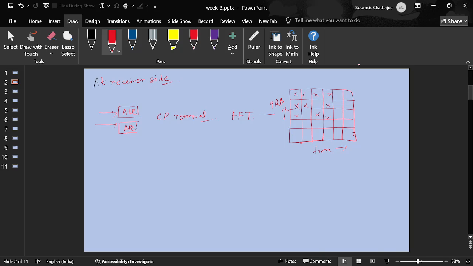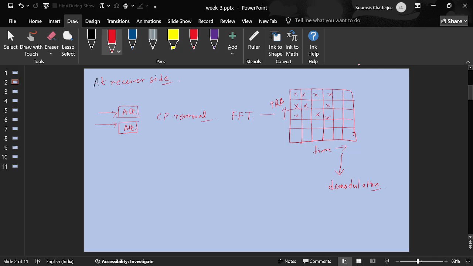Then we have to demodulate it. Demodulation will be required. Fine. So when we talk about demodulation, what exactly is it? Obtaining the message signal.